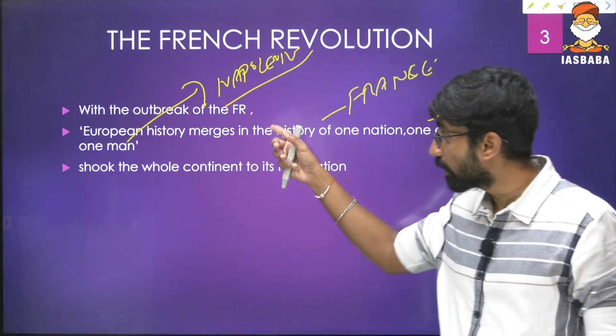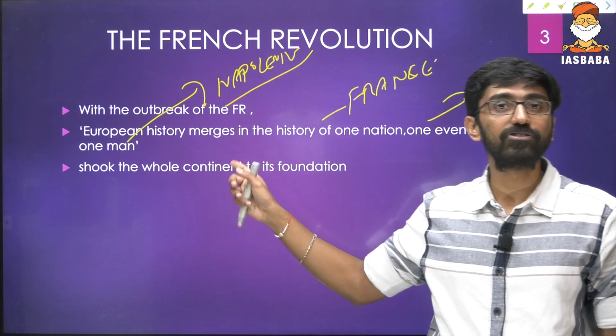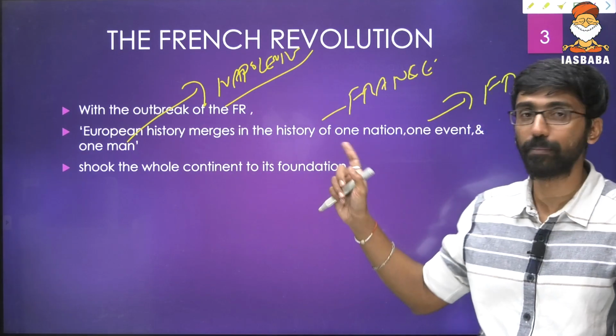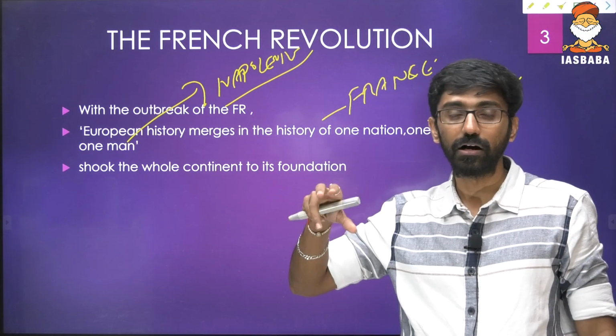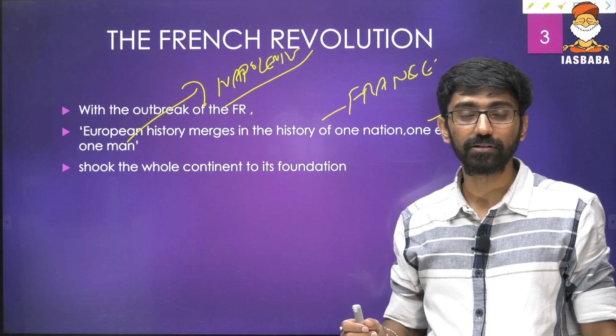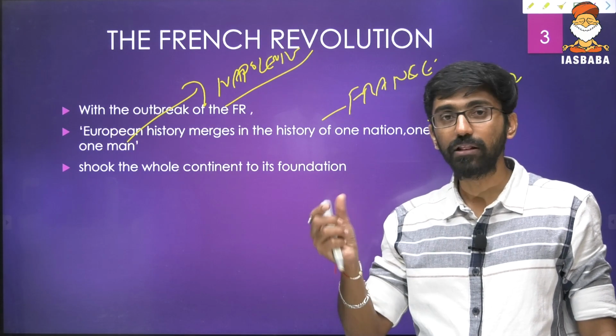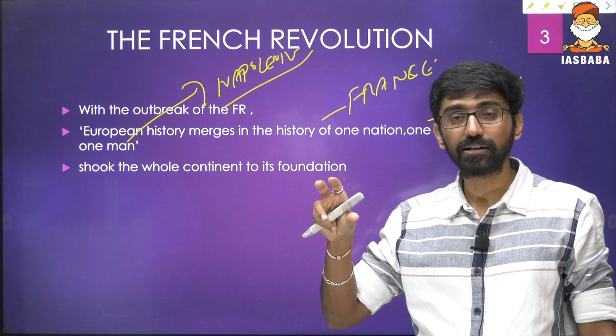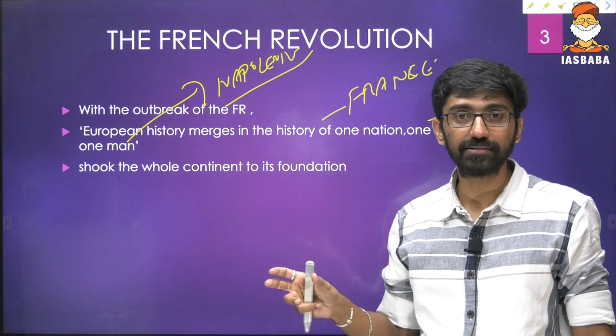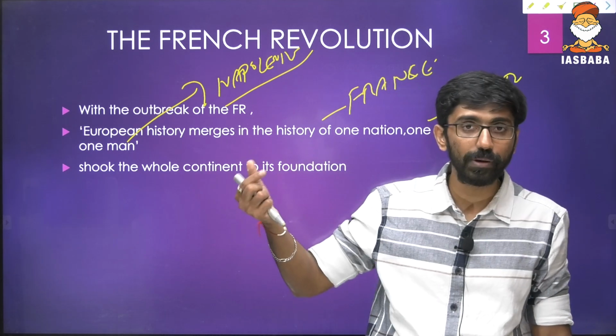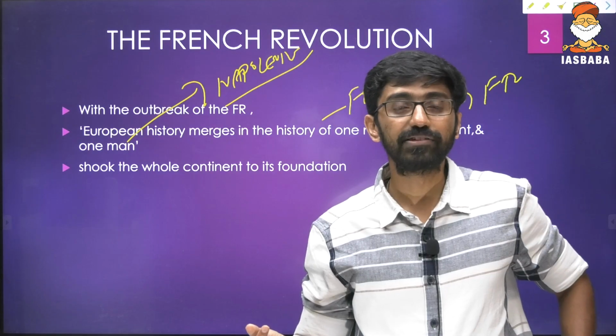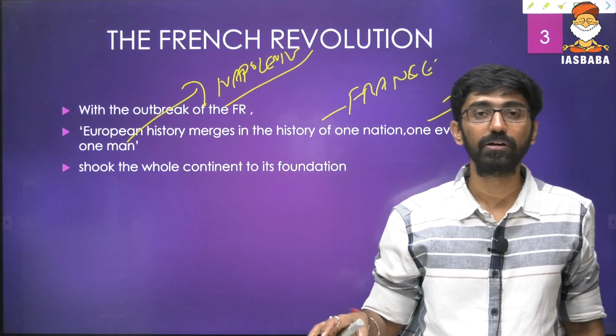With the outbreak of the French Revolution, European history merged in the history of one nation, one event, and one man, and it shook the entire continental foundation, the middle ages, also called the dark ages. That was the foundation upon which the entire European continent was based, and the revolution shook that very foundation.